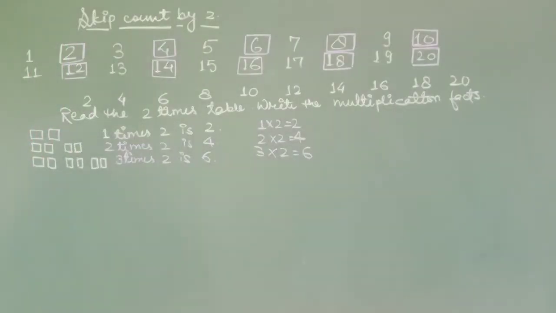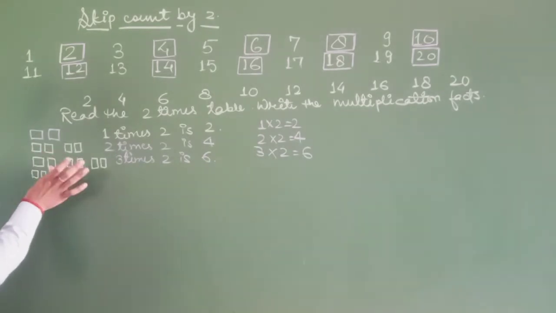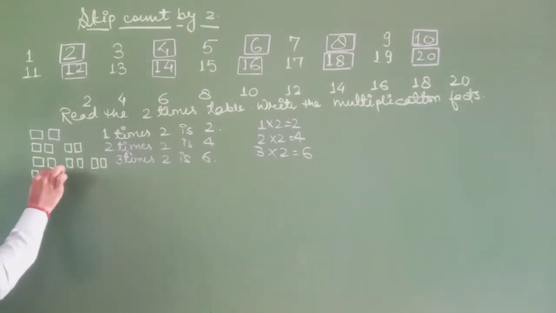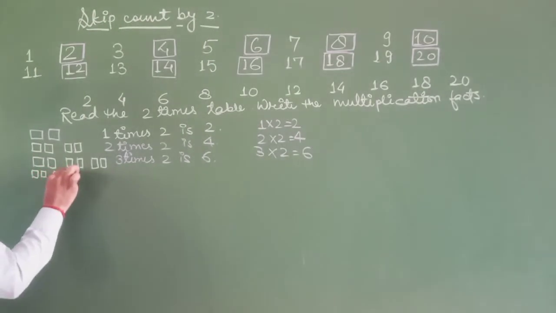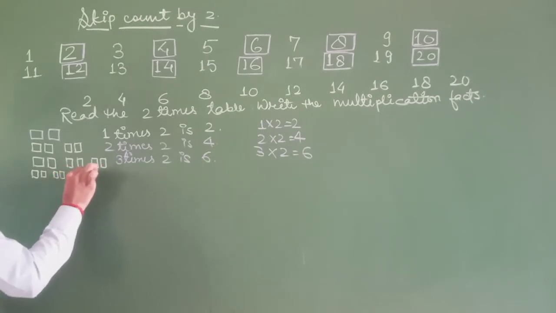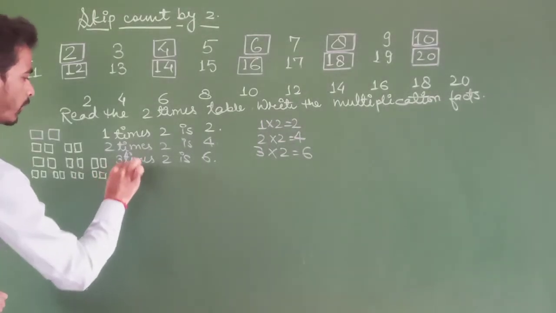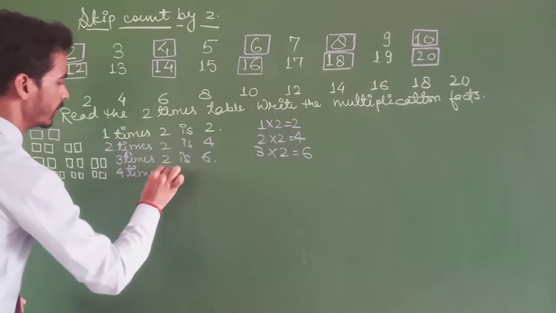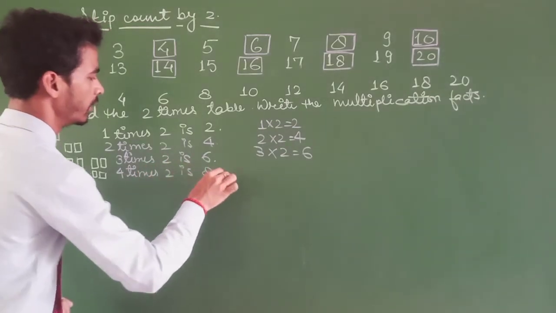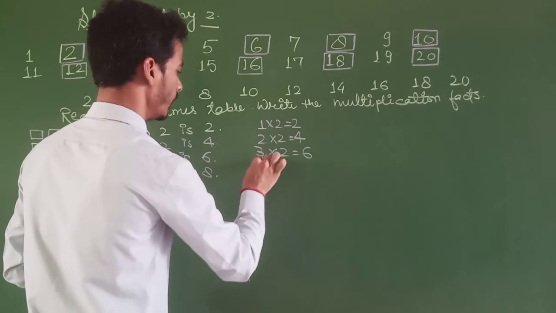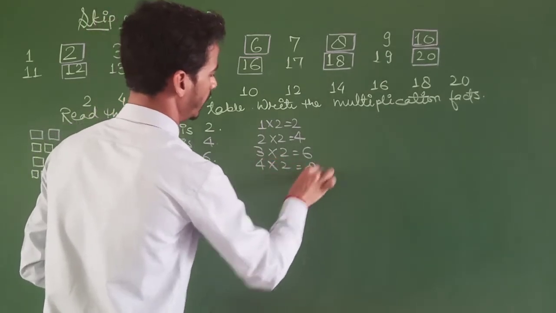And 4 times 2 is 8, and the multiplication fact will be 4 multiplied by 2 is equal to 8.